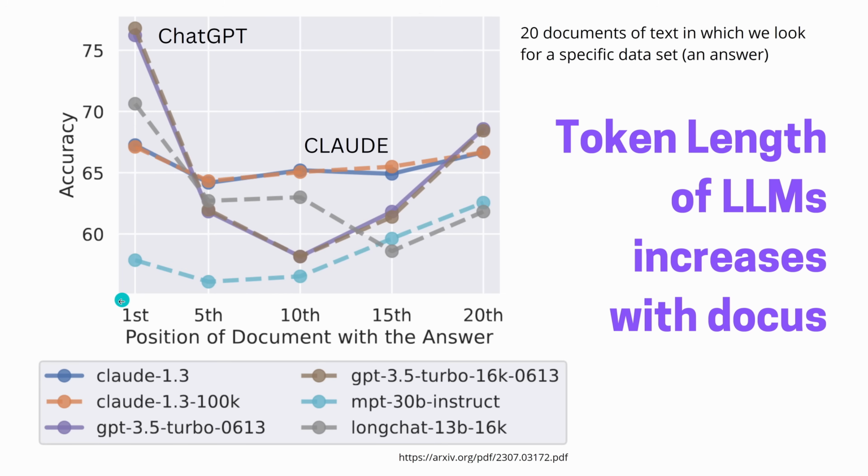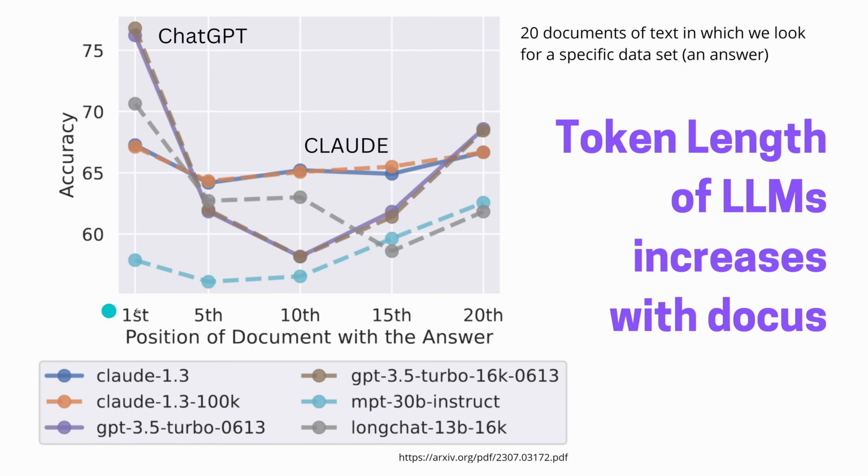You see, if the solution to my query is in the very first document I provide with a prompt that contains 20 documents to ChatGPT, I have a system performance of 77%. Great.